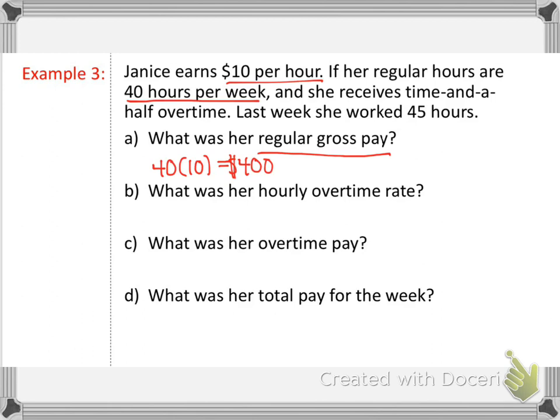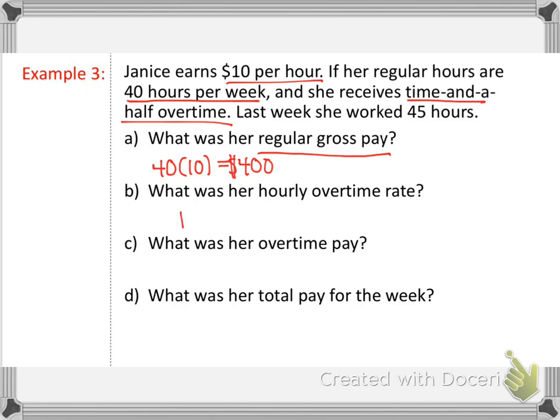Then the next question is, what was her hourly overtime rate? Now, here's the thing. She's getting paid time and a half. Time and a half means she's getting paid $10 plus half of what she gets paid. So half of 10 is 5.